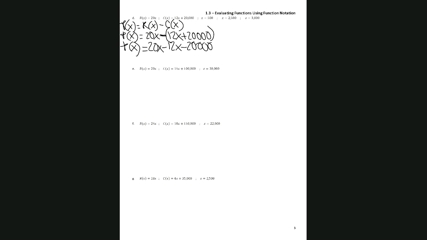Actually, I'm going to go back to this one just to make sure I distributed the negative like I should have. And my writing's not there anymore, so I don't know what happened to it. So let's just go back here. So revenue 20x minus 12x minus 20,000 after I have already distributed that negative.